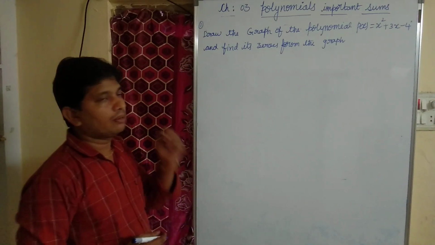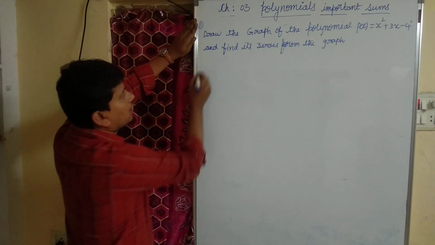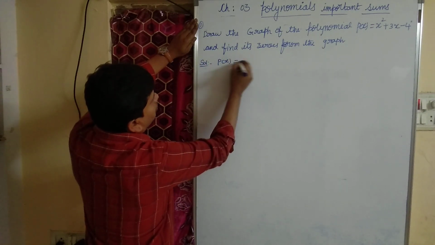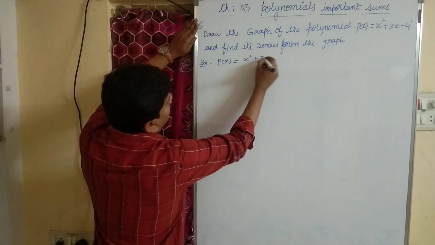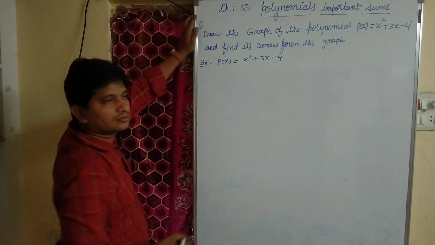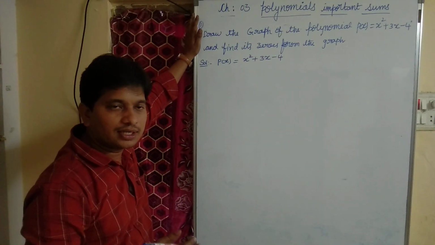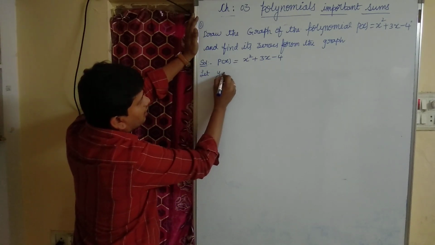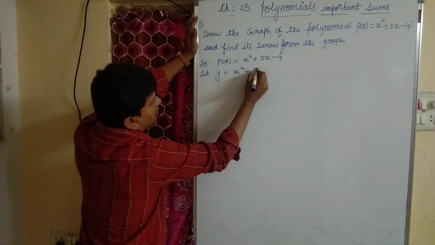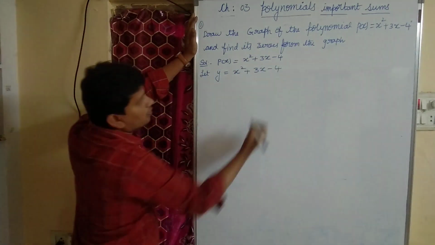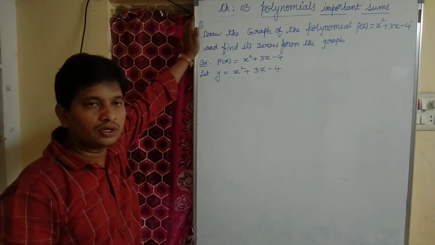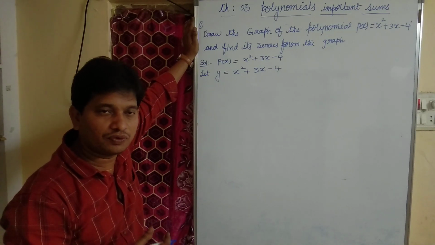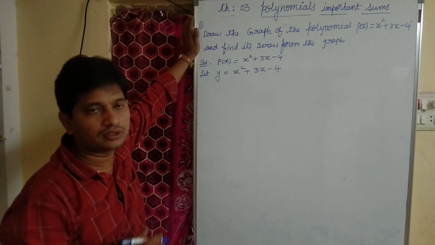So, what is the given polynomial? Given polynomial p of x is equal to x square plus 3x minus 4. Let us consider the given polynomial as, let y equal to x square plus 3x minus 4. Okay? If you want to represent it in a graph, we need to find its coordinates.